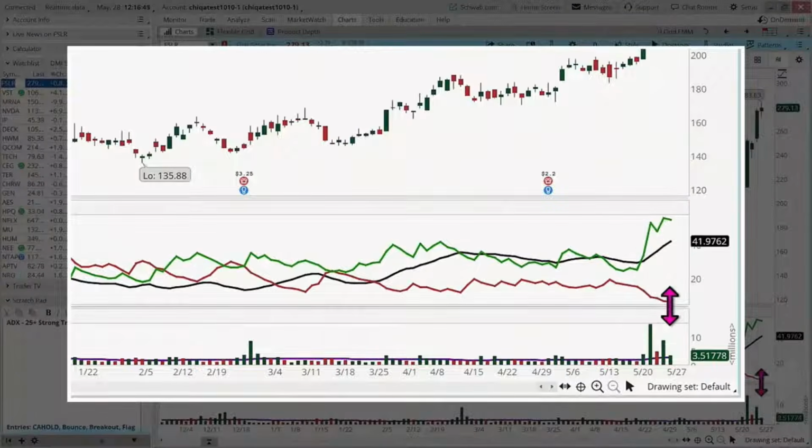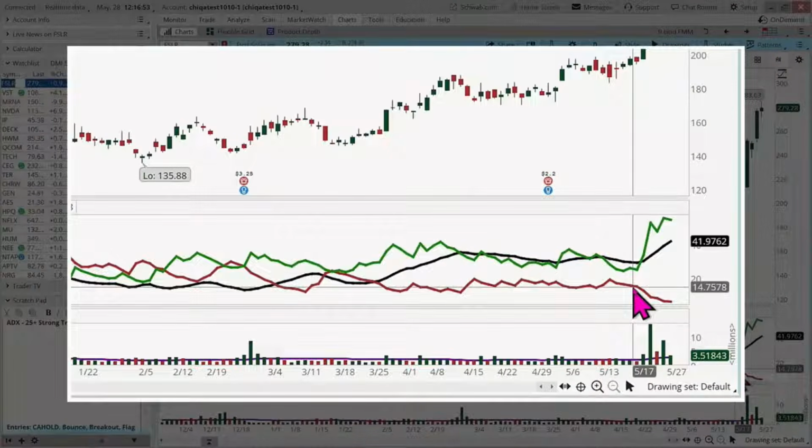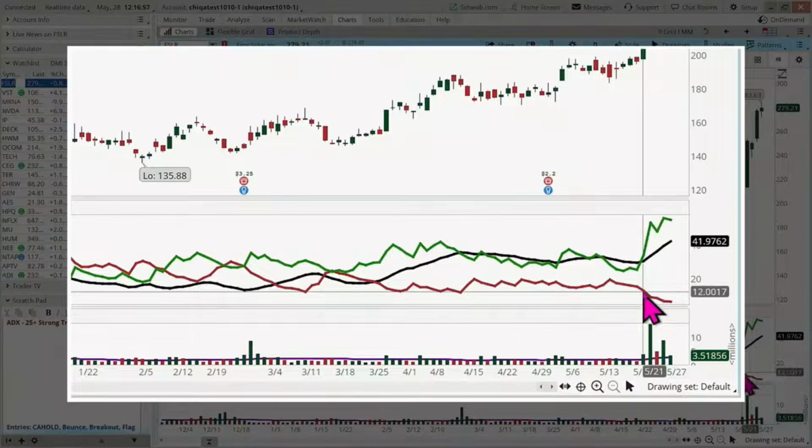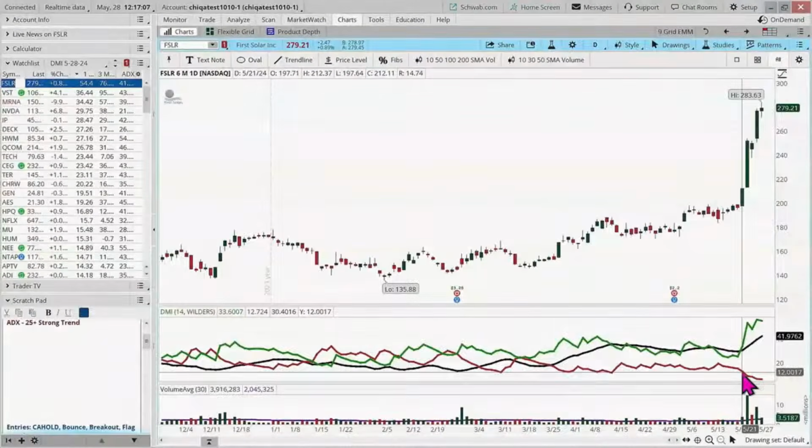The DI negative, the bearish trend, well, it's not really gaining momentum of any sort. In fact, that bearish momentum, we can see it moving down significantly, which is a helpful signal to see when you're trying to identify something that's bullish, right? That the direction that those two lines are going, it's nice if they're opposite each other. They don't always have to be, but it's nice if they are.